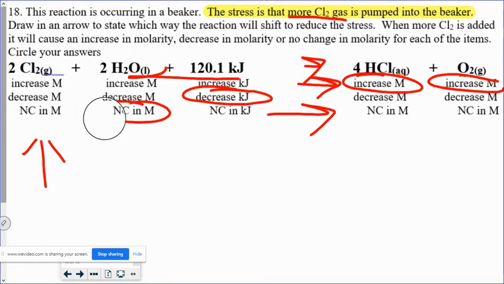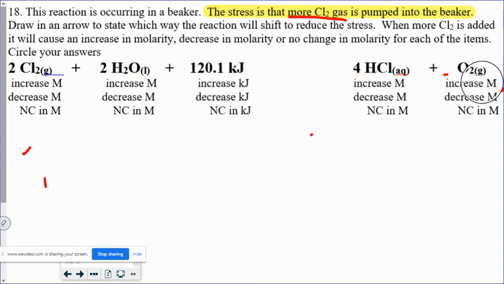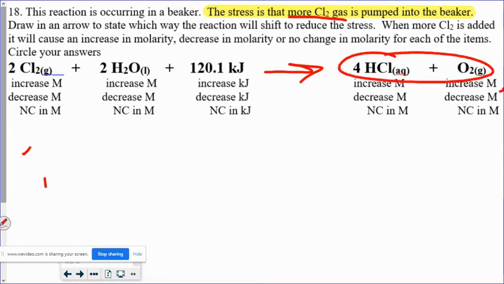So I'll erase that, and I'll give you a couple more pointers. Most of the time, after you figure out the shift, the things at the tip will increase, and the things at the butt, this is my butt of my arrow right there, will decrease. That would be these things.